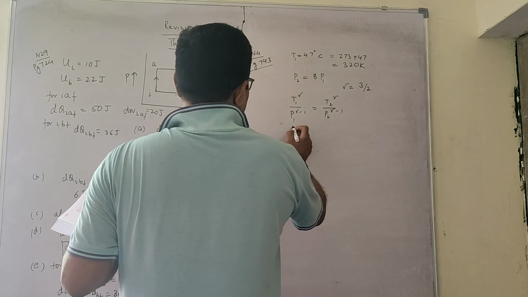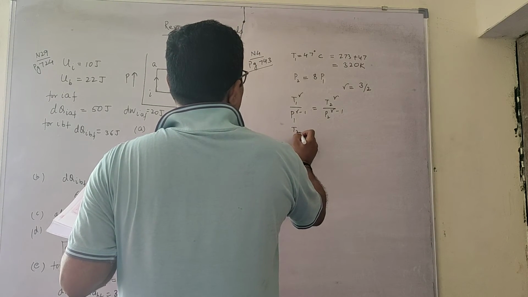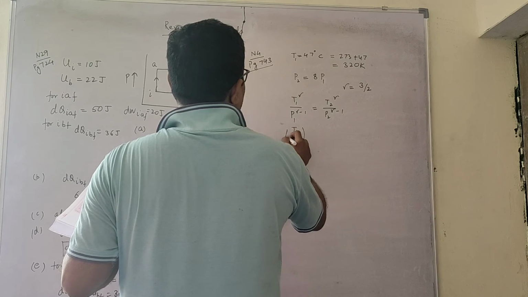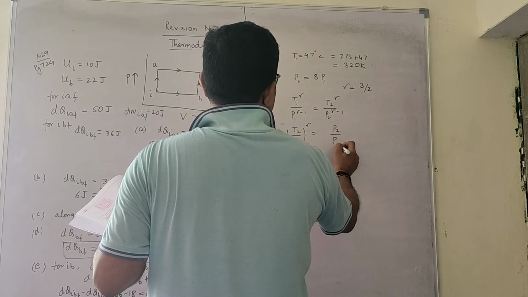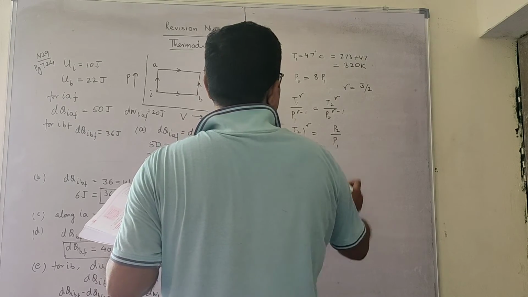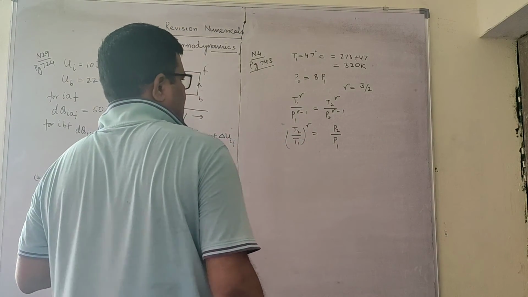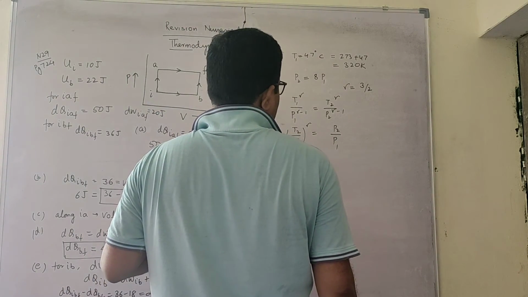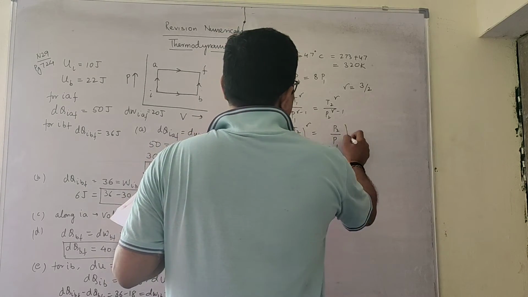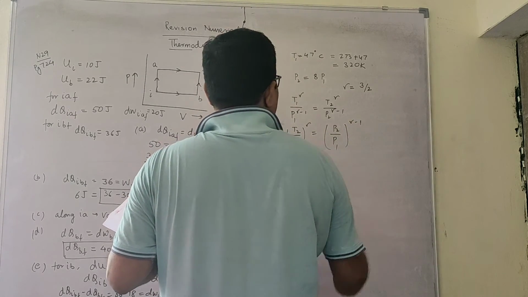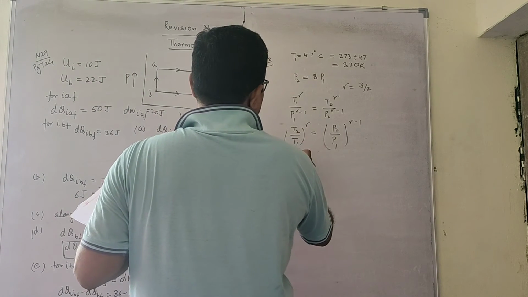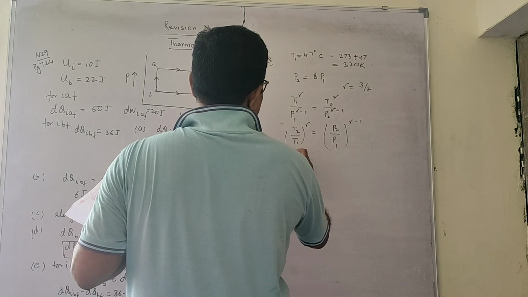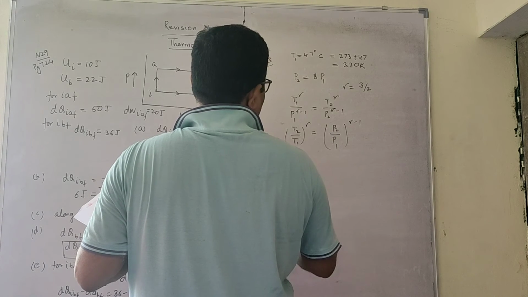I am solving it for you. You have to find T2. So T2 upon T1 is equal to (P2 upon P1) to the power (gamma minus 1) upon gamma. Now you have to find T2.